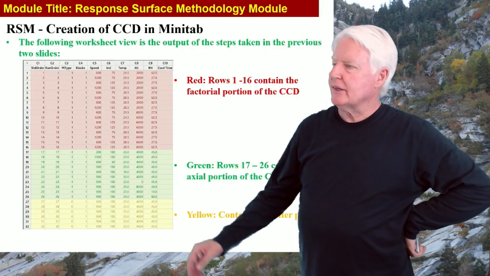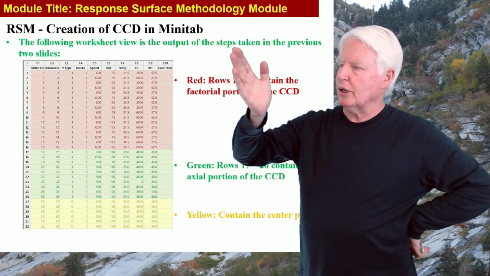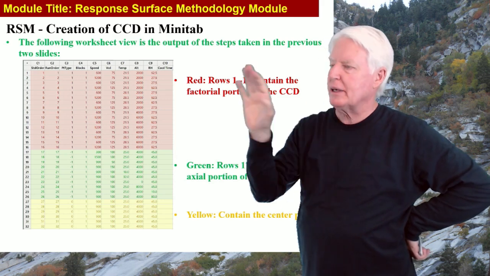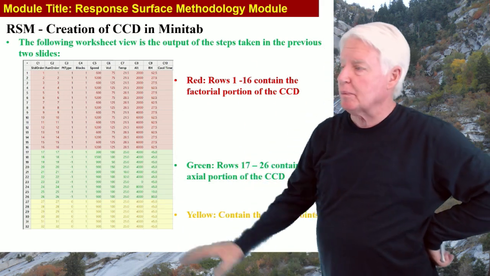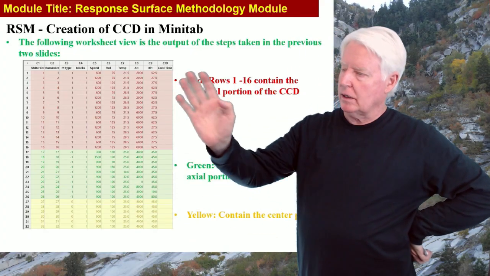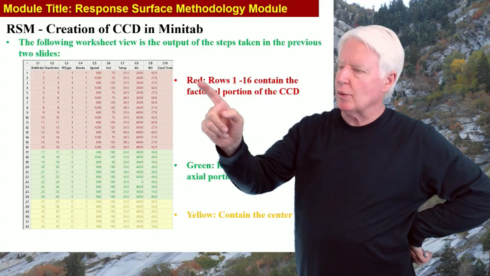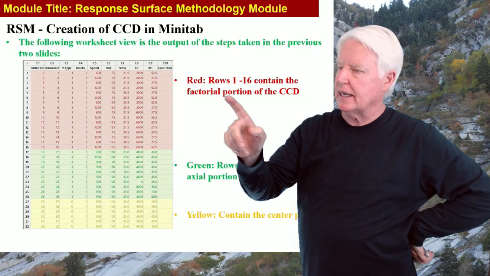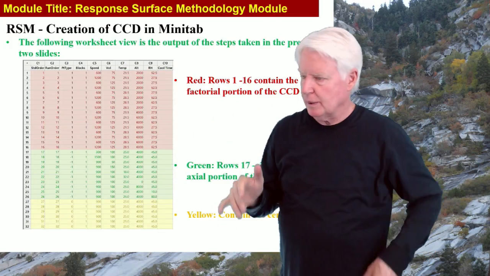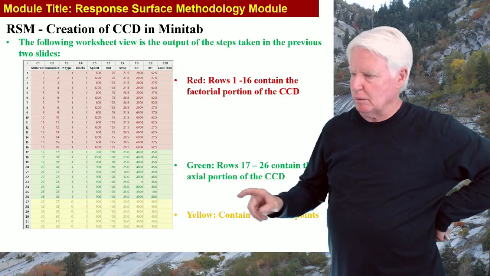All right, then it will create a CCD in Minitab. The following worksheet view is the output of the steps taken in the previous 2 slides. Remember, we told it to put it in the workbook, so it shows you all the runs here. I've broken them into 3 things. Red, rows 1 through 16 contain the factorial portion of the CCD. The cube, if you will, only it's not a cube because there's 5 variables.